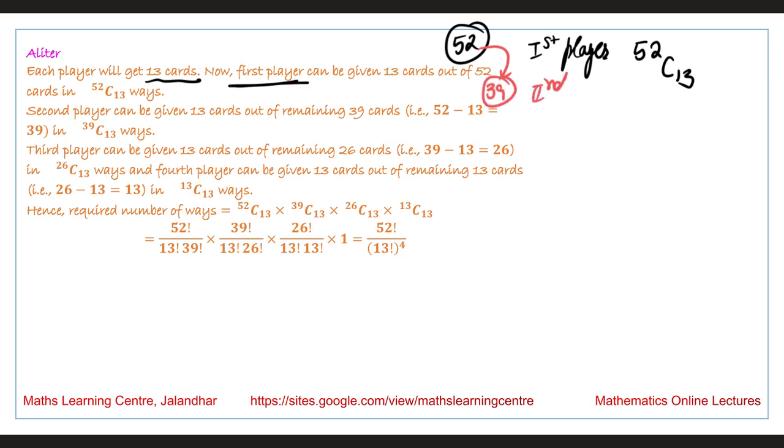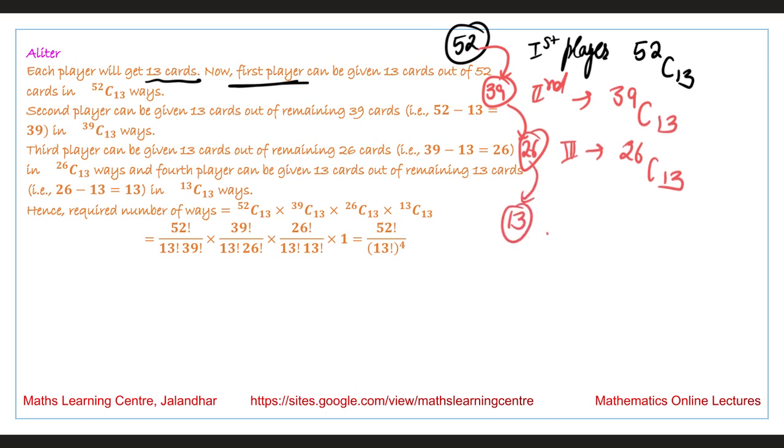So the second player will get 39C13 ways. Then we are left with 26 cards. The third player will get 26C13 ways. And then we are left with 13 cards, so the fourth player will get 13C13 ways.